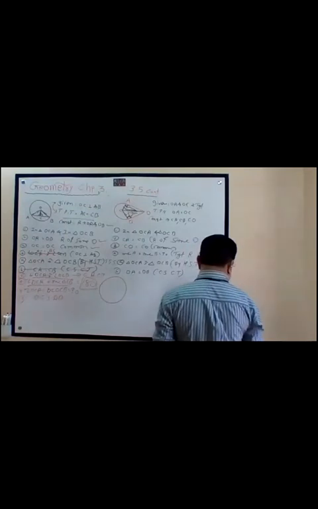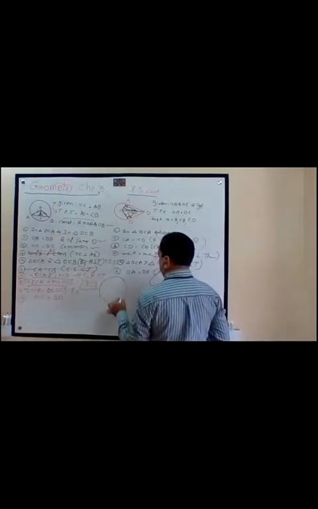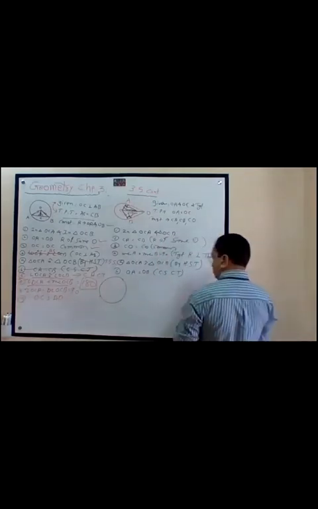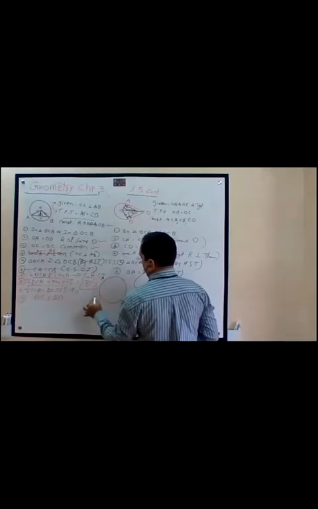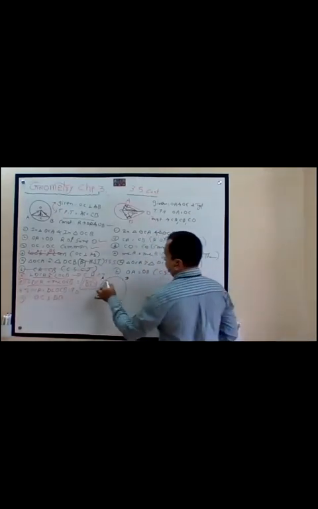This is a circle. My 4 points are here, A, B, C, D. Correct. Now join that.